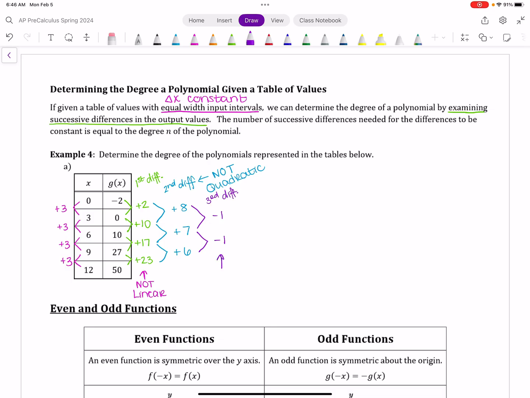So because our third difference is constant, that tells us that g of x is cubic. So our degree is 3, since the third differences are constant.